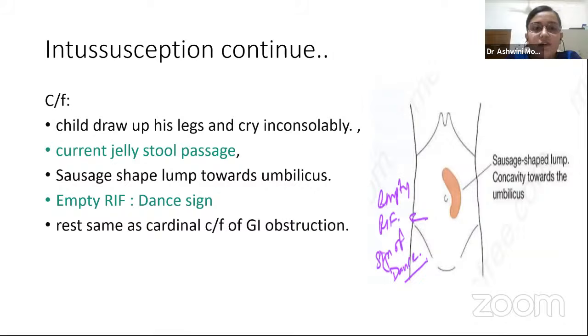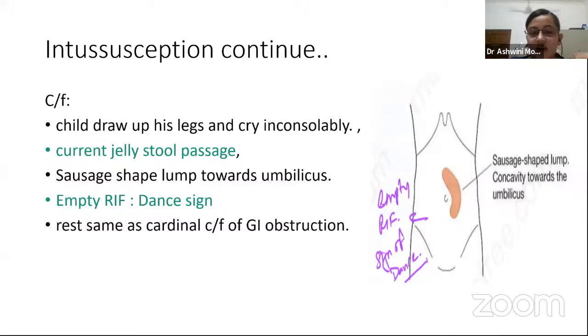There will be a sausage-shaped lump around the umbilicus, as the proximal goes into the distal and forms the sausage-shaped mass. It will be around the umbilicus. Concavity will be towards the umbilicus. RIF will be empty. That is called Dance sign, right? Empty RIF, and there will be sausage-shaped swelling around the umbilicus.